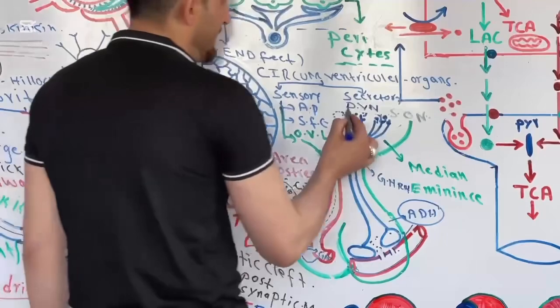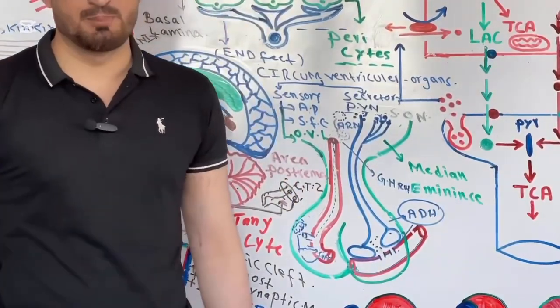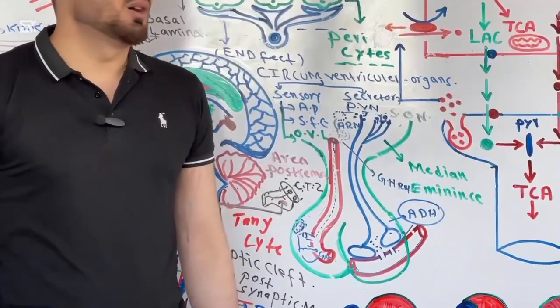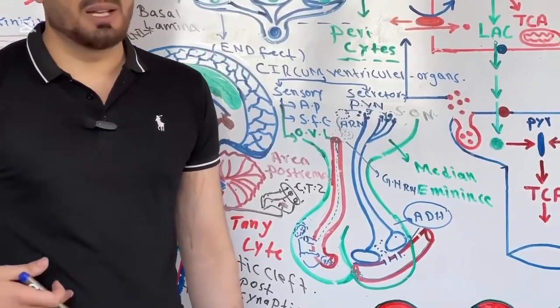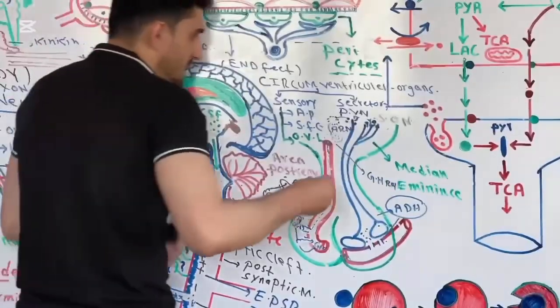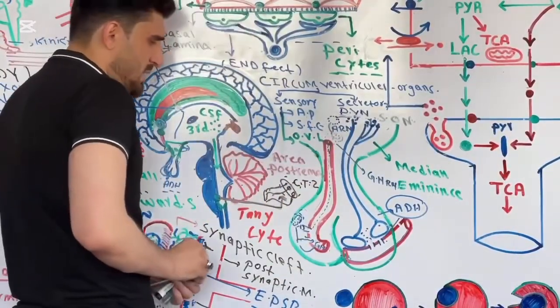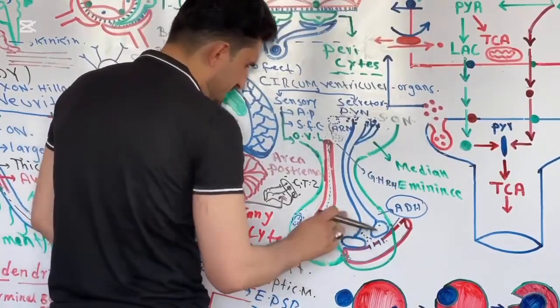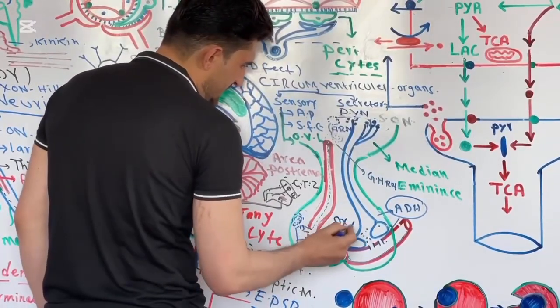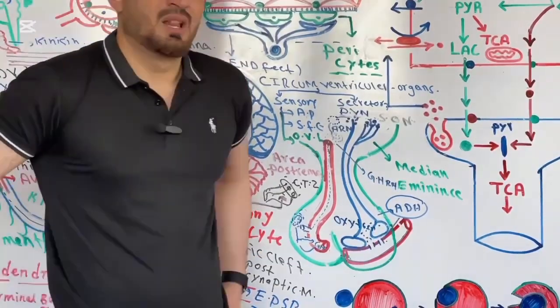Also, during suckling of milk by the baby, or during pregnancy and labor, the paraventricular nucleus is stimulated and releases oxytocin. We will talk about this in a future lecture: oxytocin is also called the love hormone.